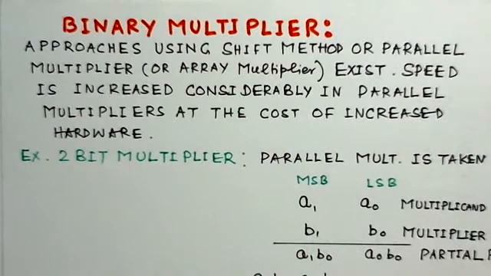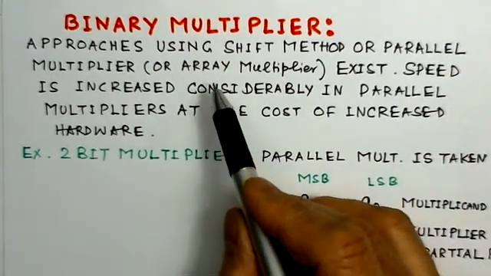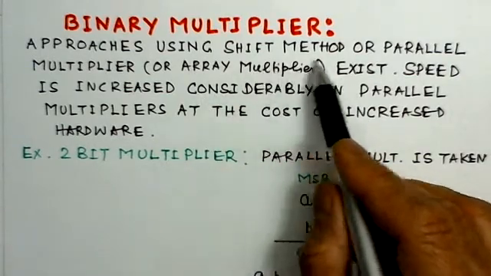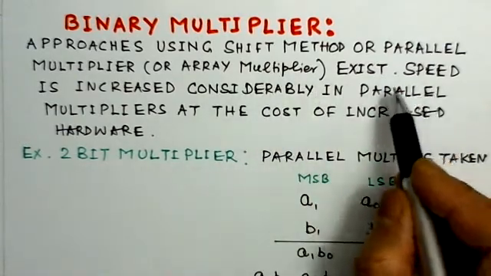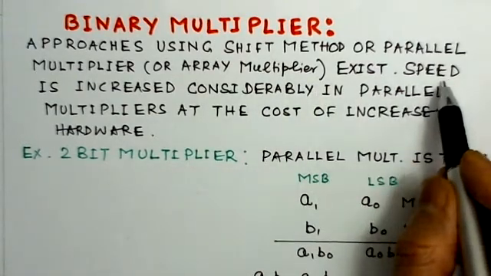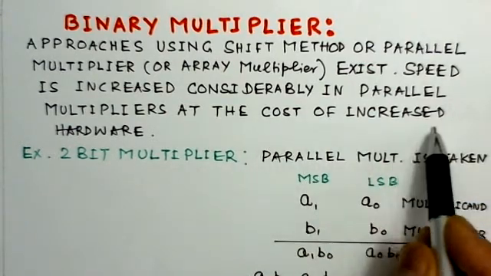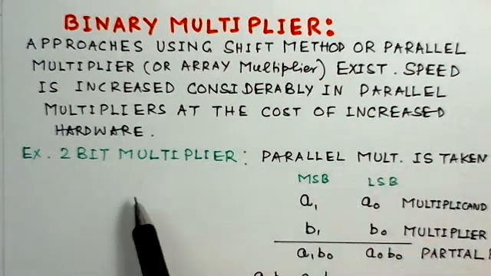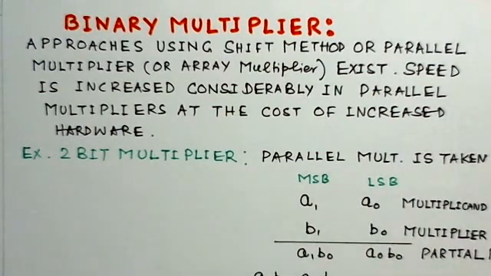Now binary multipliers. Approaches which are used are the shift methods, the parallel multiplier, or the array multiplier. The speed increases considerably in parallel multipliers at the cost of increased hardware. The example we are taking here is a 2-bit multiplier. It's a parallel multiplier.